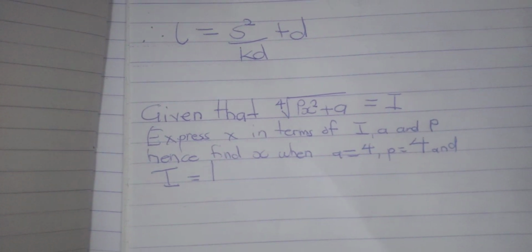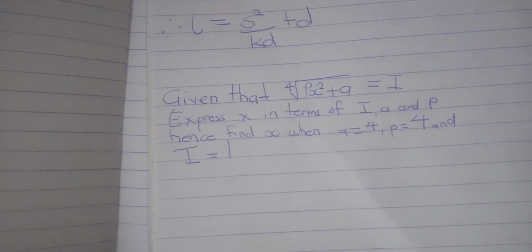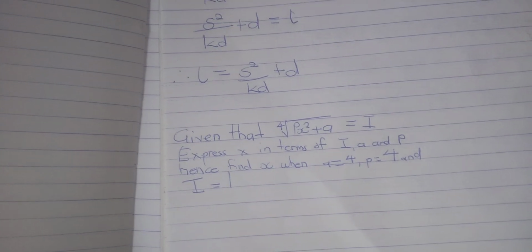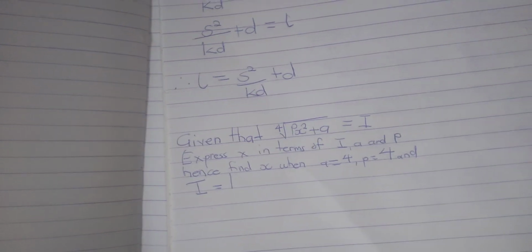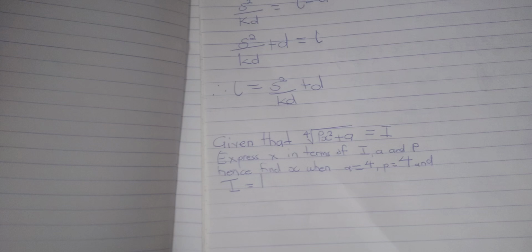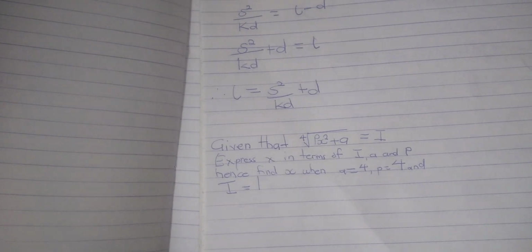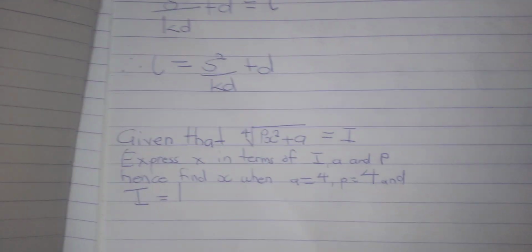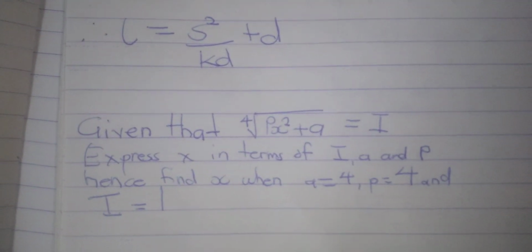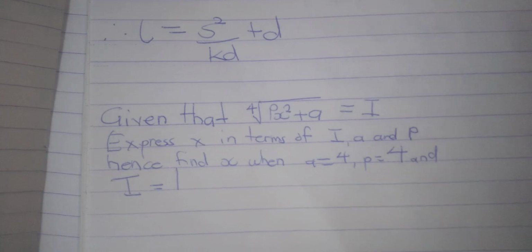So they want us to make x the subject of the formula, and since x is bound into a fourth root, the only way of removing a fourth root is that we shall have that fourth root being removed by having power 4 on both sides.